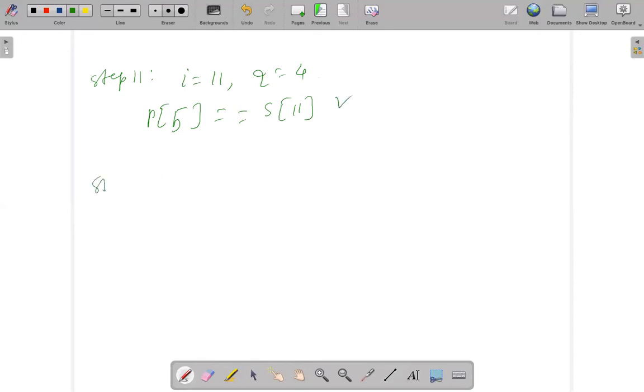Okay, then you go to step 12. I is equal to 12, Q is equal to 5. You match P6 with S12, which is again true.